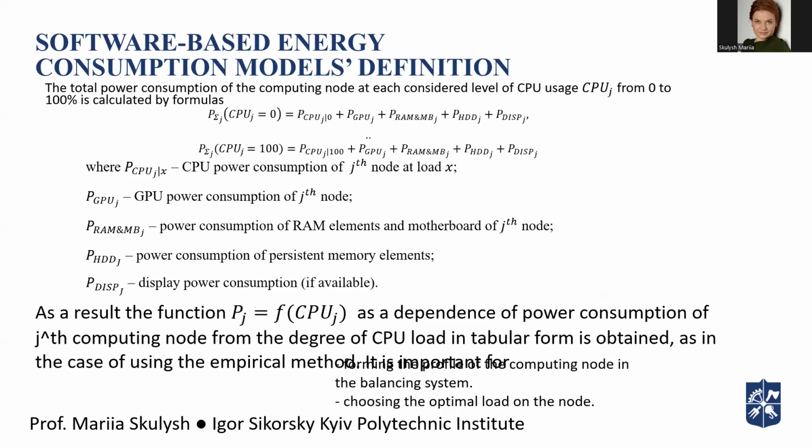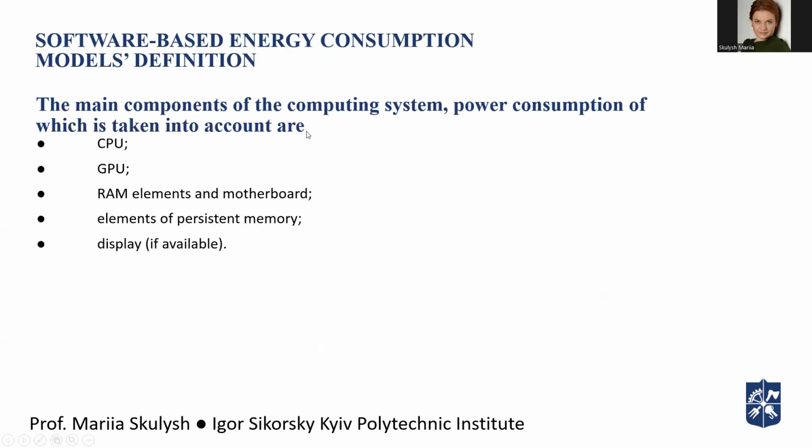Software-based energy consumption: the total power consumption of the computing nodes of each considered level of CPU load from 0 to 100 is calculated by a formula. It depends on the power consumption of each of these components, which use energy and whose work is necessary for processing the tasks.